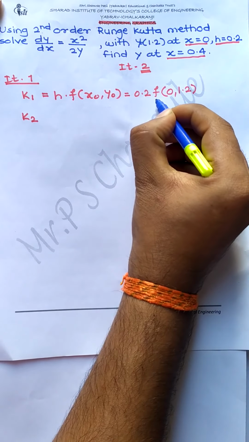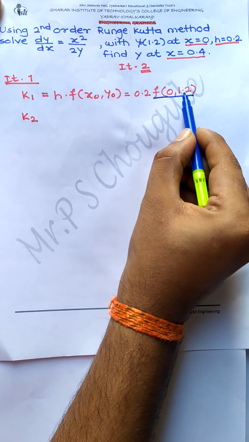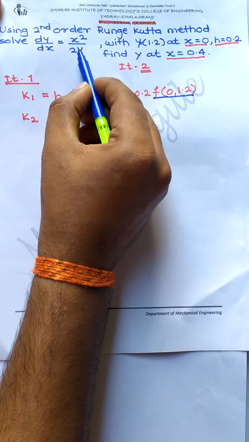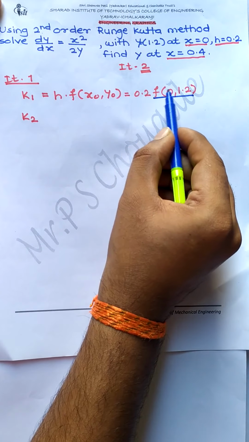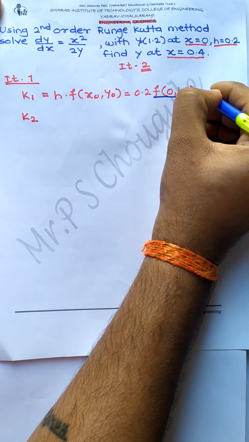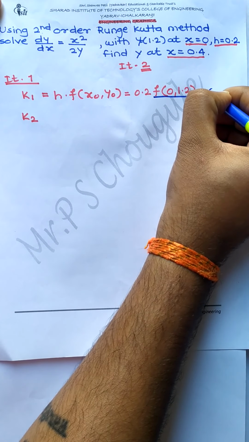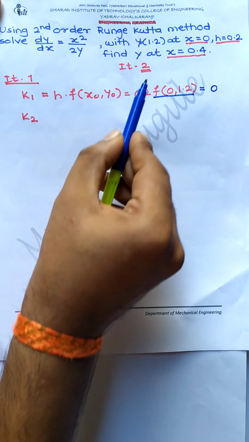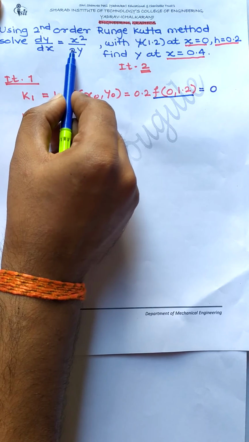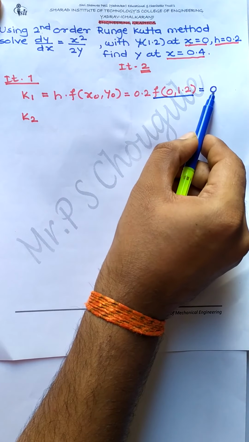Now we need to find the function at x equal to 0 and y equal to 1.2. We put these values in this equation and multiply by 0.2. We get the answer 0, since x square, 0 square divided by any term, will come as 0, and 0 multiplied by 0.2 will come as 0.